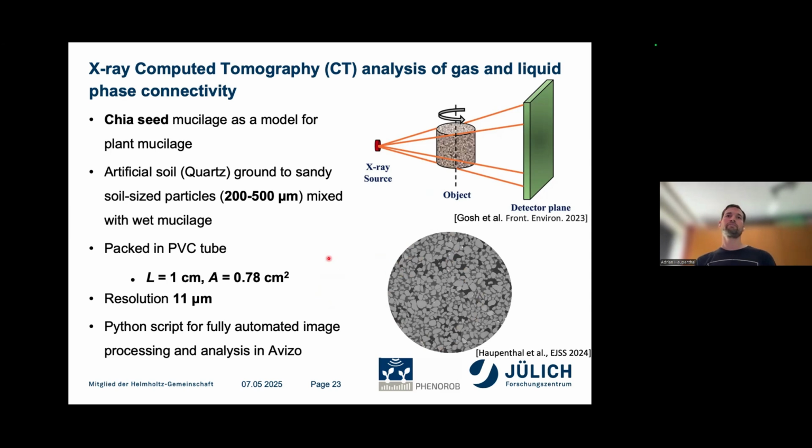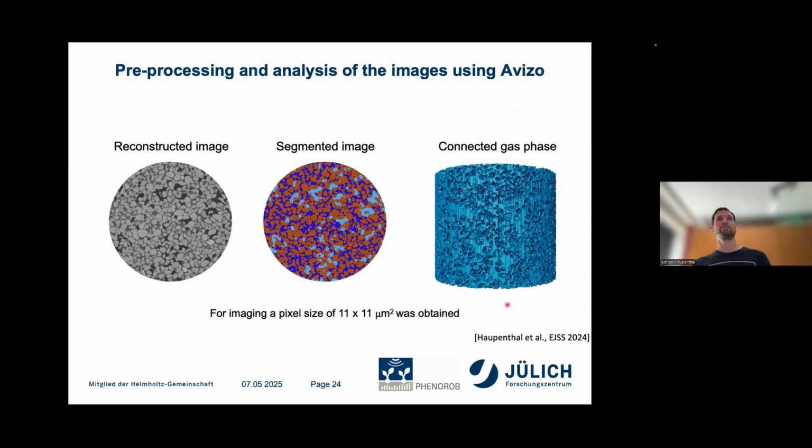To analyze the images, I used the image software Avizo, which was quite nice because I could write a Python script that fully automated the image processing and the analysis, which was quite helpful regarding the large amount of samples I had to analyze. For the pre-processing and analysis, we have again the reconstructed image, a grayscale image. I segmented the image, which means each gray value is assigned to one of the three phases in the soil.